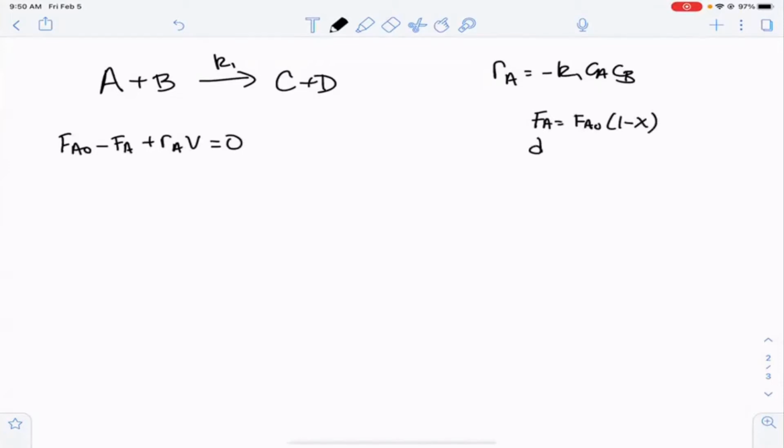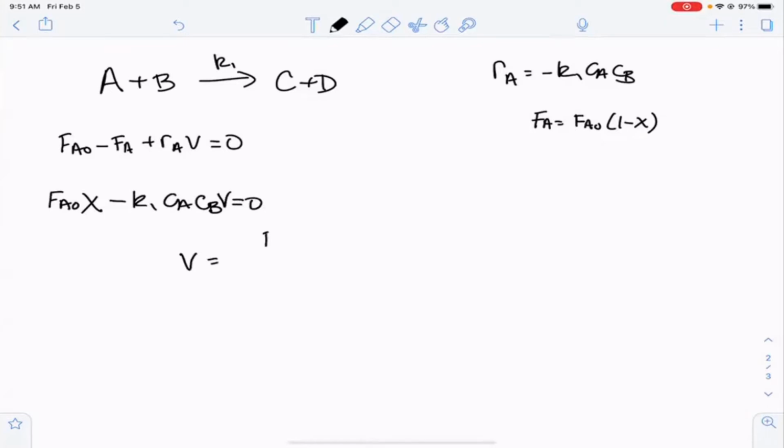If we make that substitution, then FA0 minus FA is FA0 minus FA0 times 1 minus X, which is just FA0 times X. So we're going to make that substitution here, and this becomes FA0 times X minus K1 times CA CB times V is equal to 0. If we're looking for the volume, we can just solve for it.